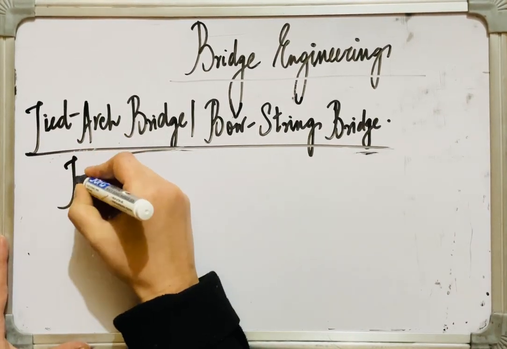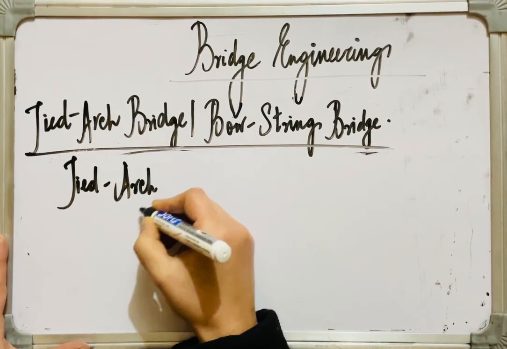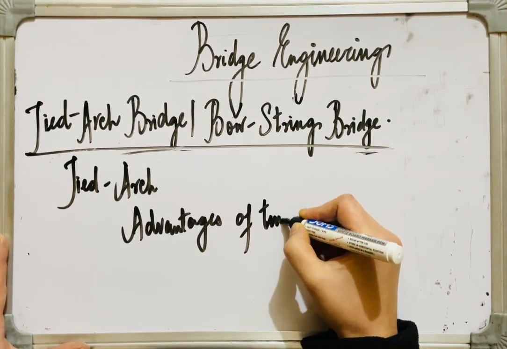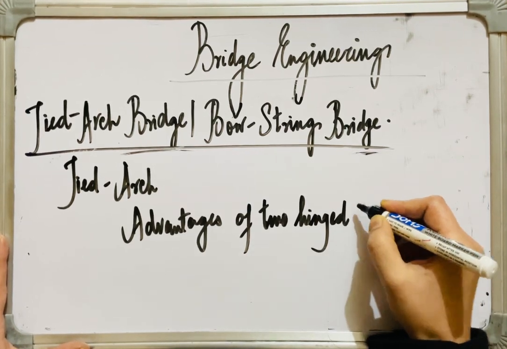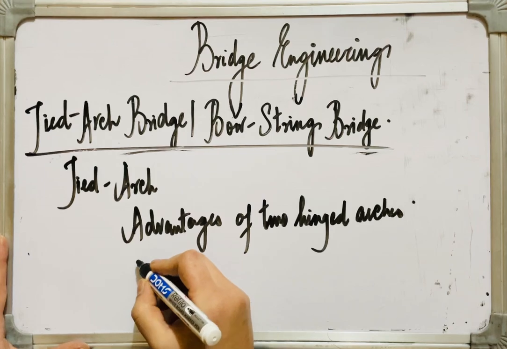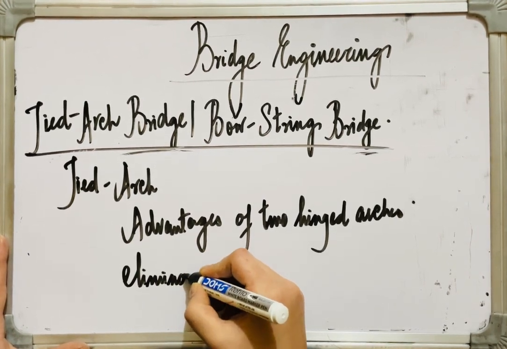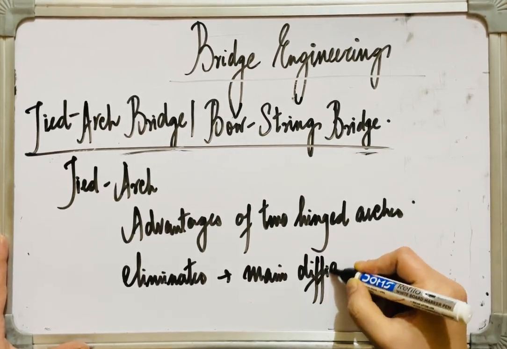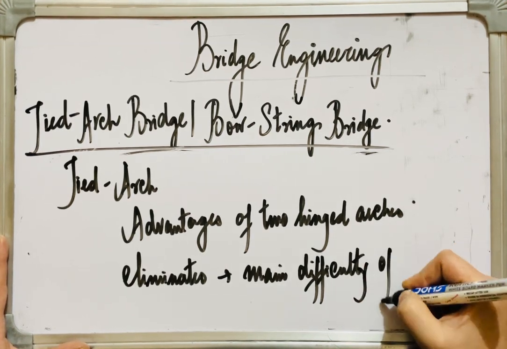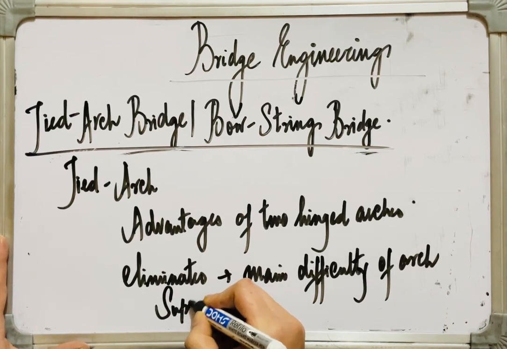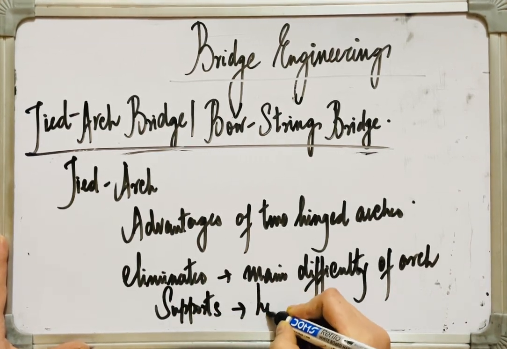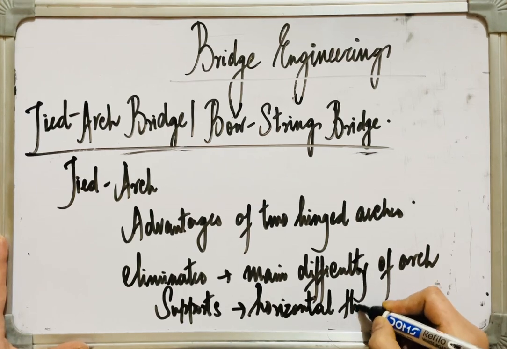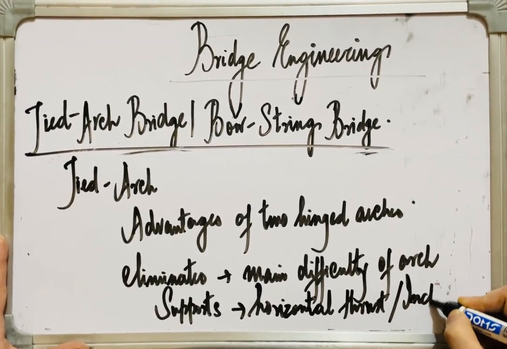So this tied arch bridge or a bowstring bridge essentially combines the advantages of two hinged arches, at the same time it also eliminates the main difficulty of arch supports, that is horizontal thrust at each end or inclined reactions at the supports.